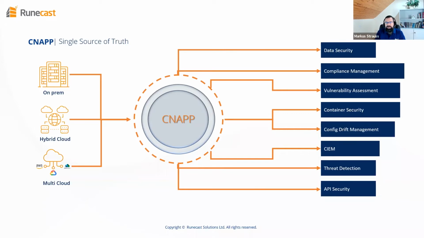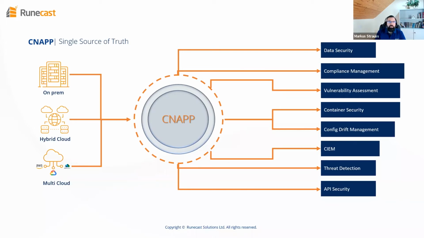So all of the things that we need to be worried about as an organization are our data security, right? So knowing what's where, knowing who has access to it, and we're getting into entitlement management and things like that. We need to be able to have proper compliance controls.